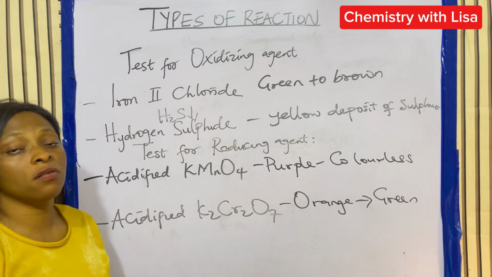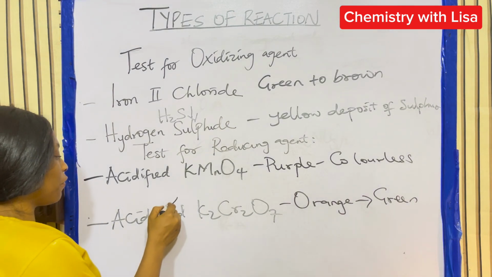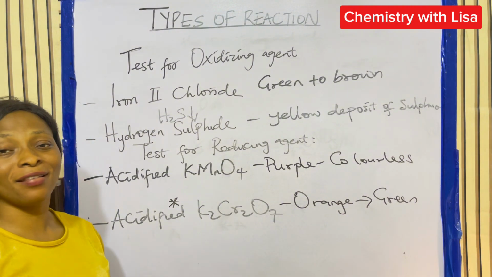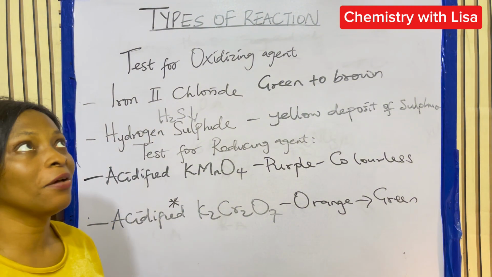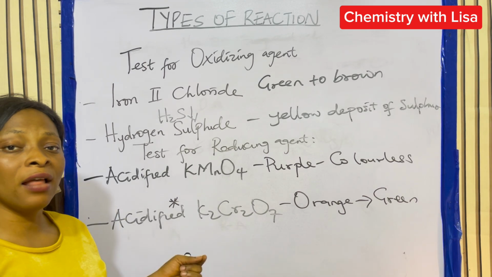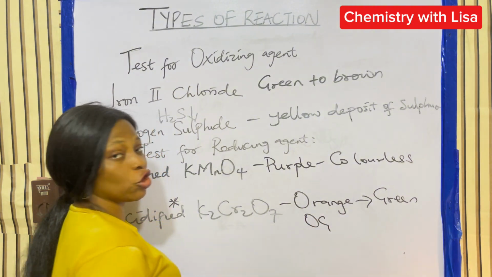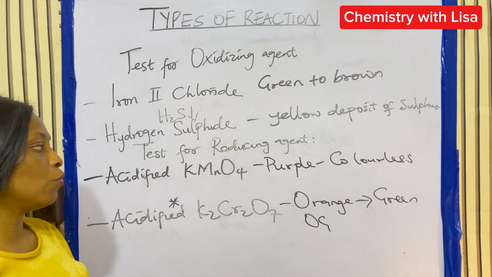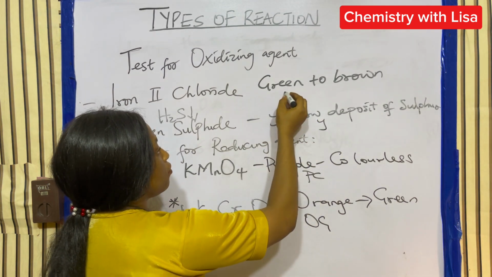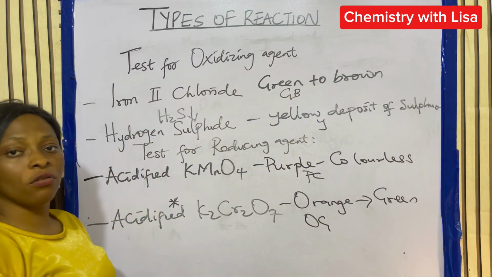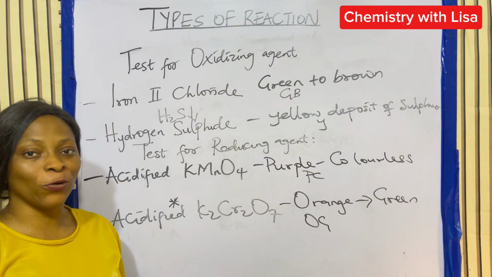Please memorize all these color changes, because the examiner is going to ask you what the color is, and then they will give you examples like orange to green, green to orange. You'll not be wondering. So learn how to use mnemonics to remember your work. For this, you can say OG and not GO. You can say PC here. You can say yellow deposits. Then you can say GB. You can use those mnemonics to remember when you see the question in the examination hall.